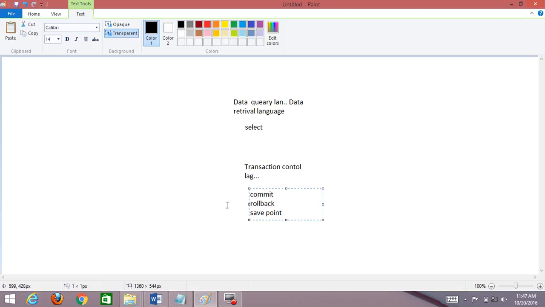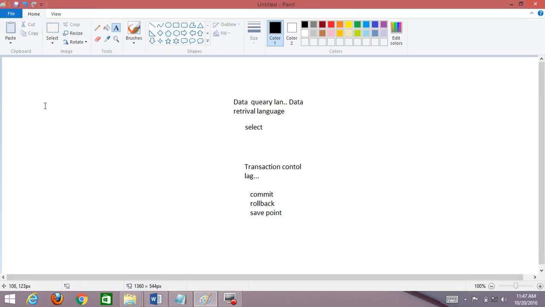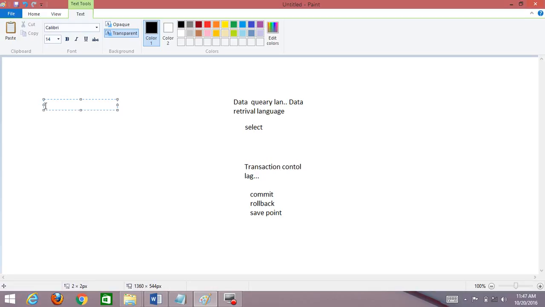Then another command group used in SQL is data control language.